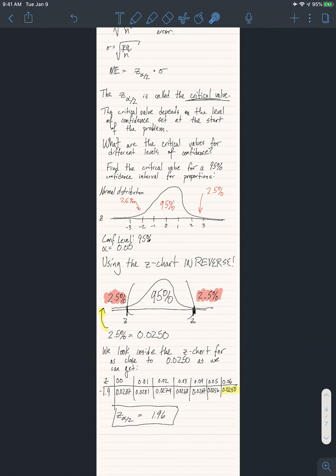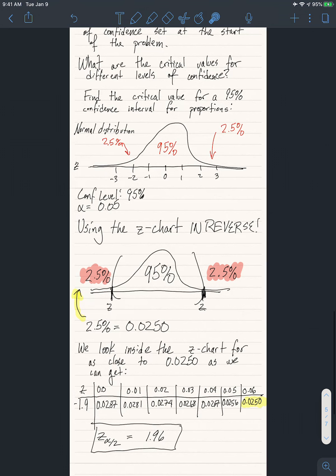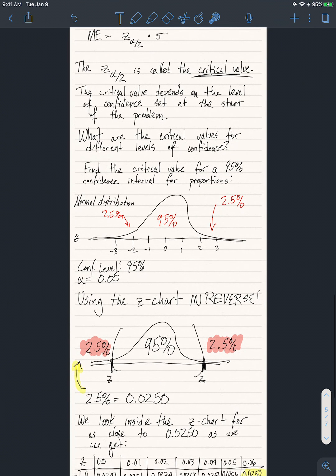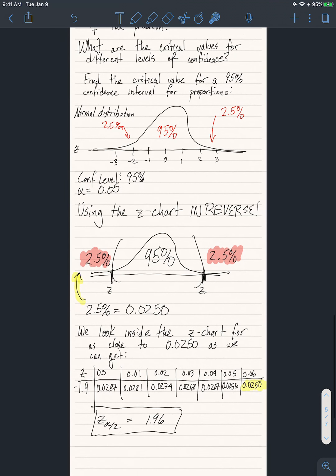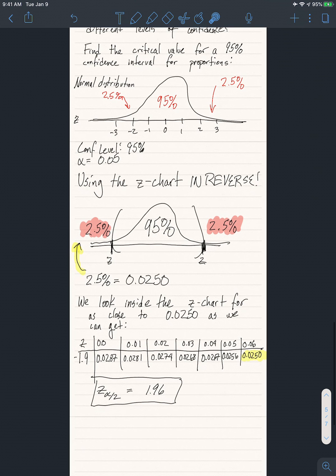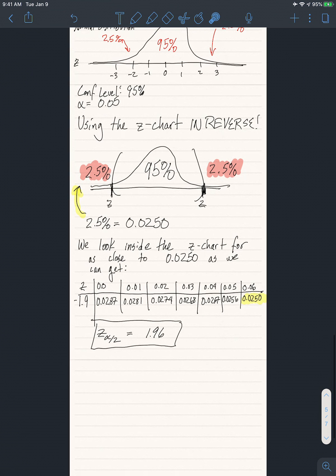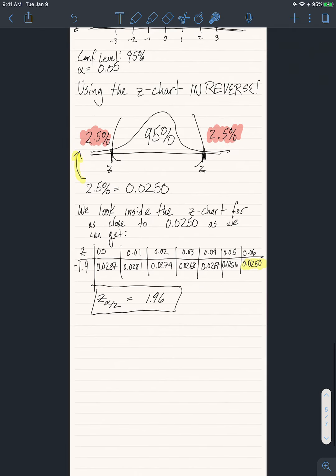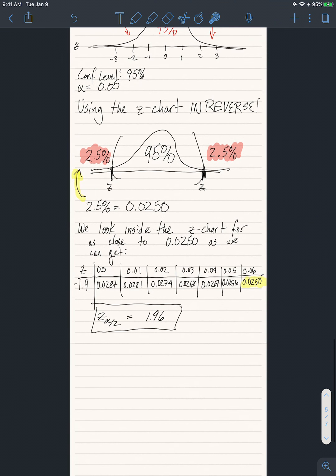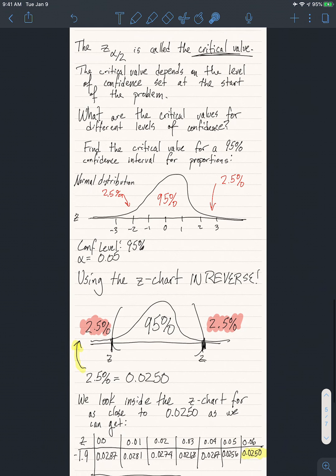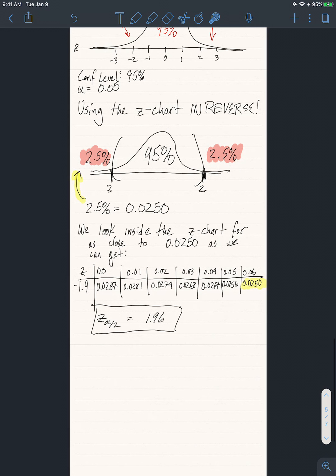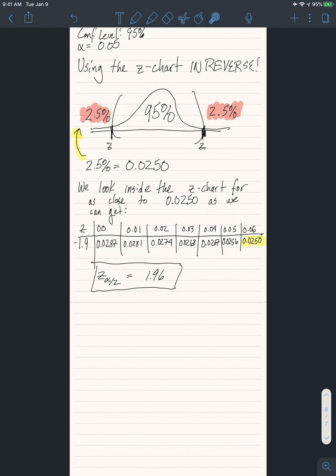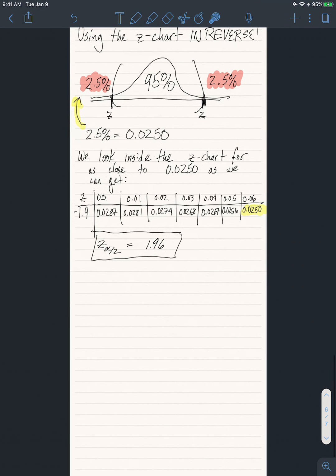I'm not going to be so cruel. Everything after coming up with this, using the chart in reverse, you're not going to have to do. It's just for your knowledge on where these critical values come from. So how are you going to get your critical values if you don't have to do this whole weird method? Well, I'm going to give them to you.